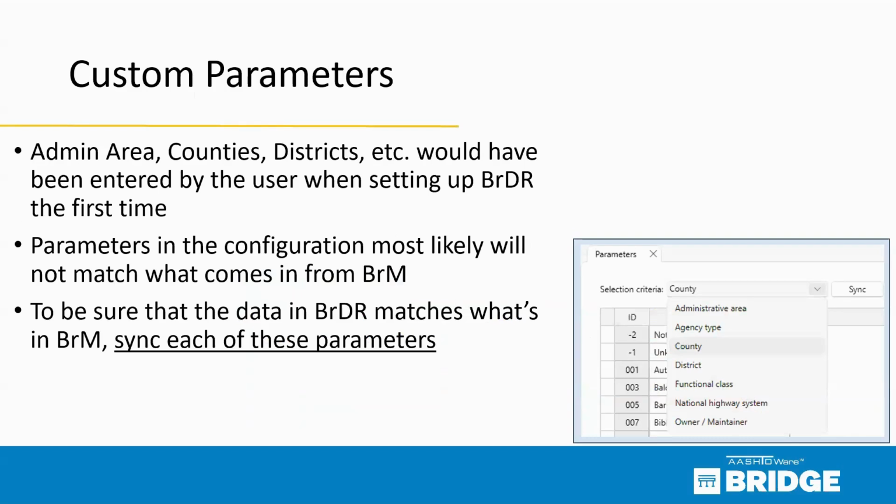And the first time you sync up, if you don't change these, you're going to get a lot of confusing data. So to be sure what is in BrM matches what's in BrDR, you'll need to sync each of these parameters by selecting the selection criteria dropdown and then clicking sync for each one that you want to sync.